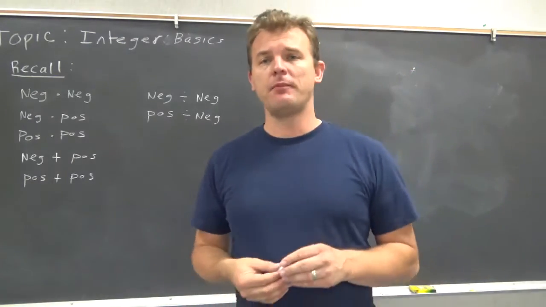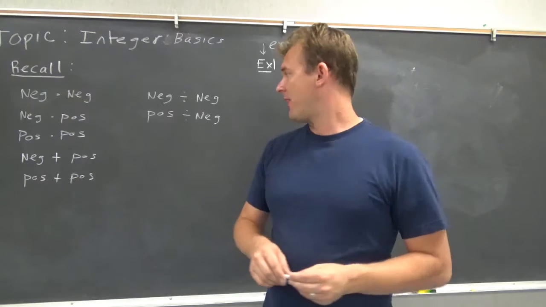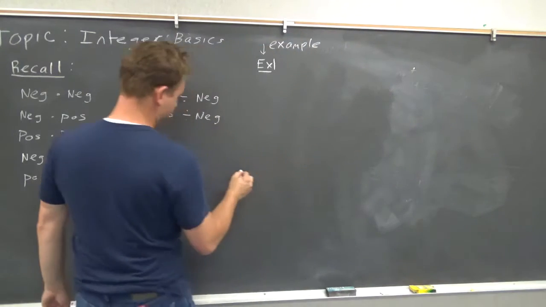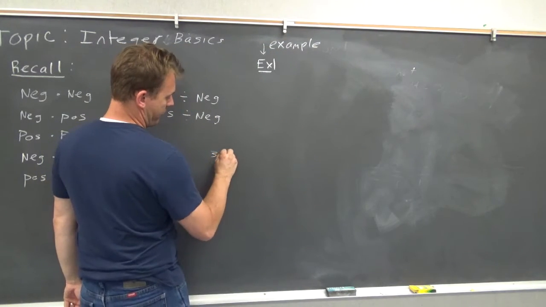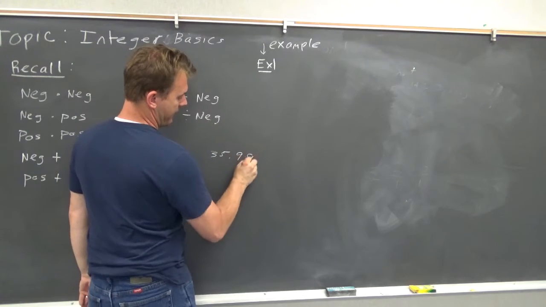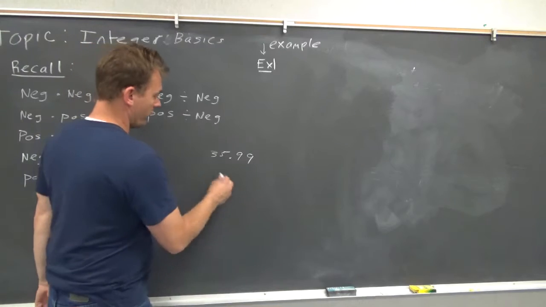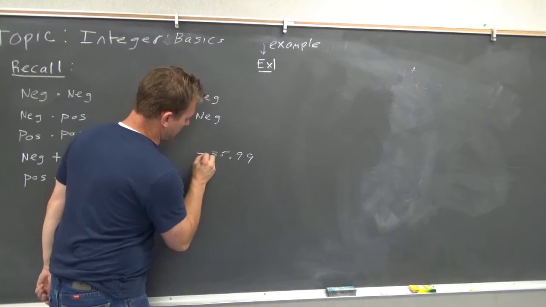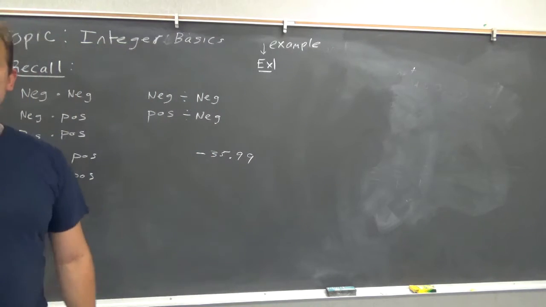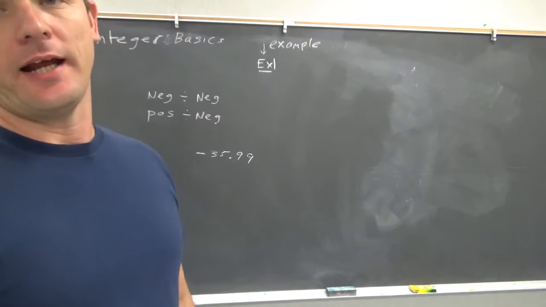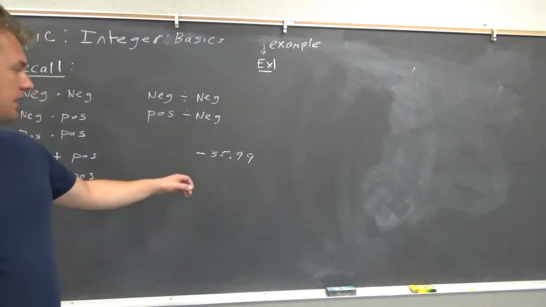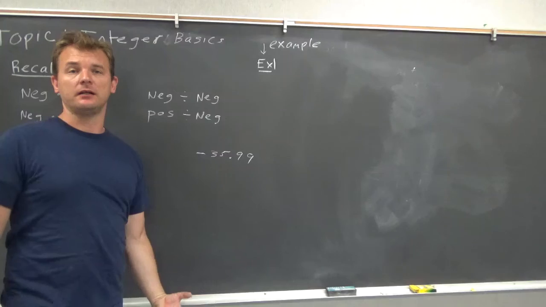For example, when I'm doing my bank account, and I have $35.99 that I spent at a store for groceries or something like that, really that's minus $35.99 because I'm paying for something.